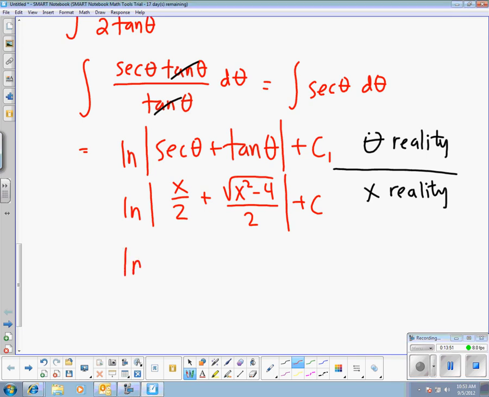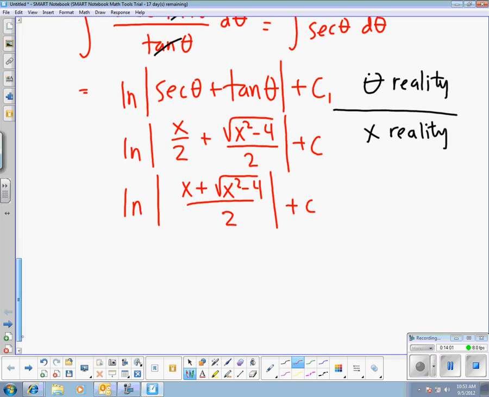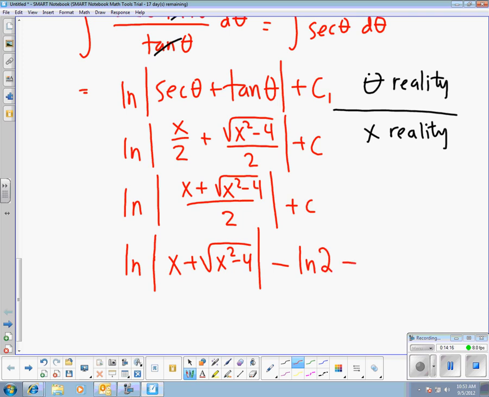So I could write this as 1 fraction, x plus the square root of x squared minus 4 over 2, plus c. And then if you remember your log rules, this would be the natural log of the absolute value of x plus the square root, minus the natural log of 2, because log of a over b is log a minus log b, plus c.